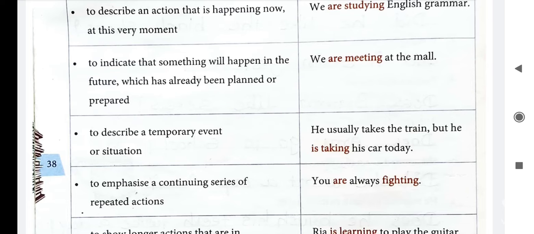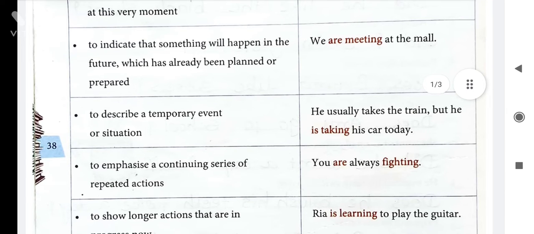That kind of thing will be used in present continuous tense. For example, we are meeting at the mall. So we are going to meet at the mall, but it has already been planned. So it is like we are meeting at the mall.